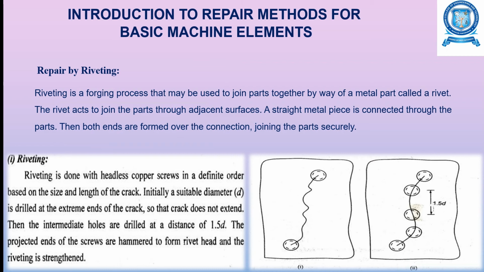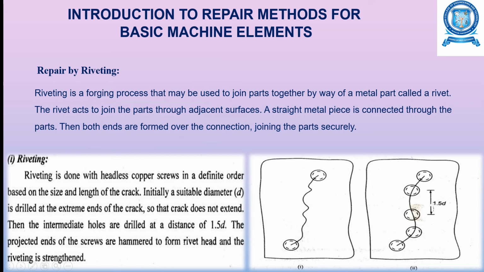Then both ends are formed over the connection, joining the part securely. And riveting is normally done with headless copper screws in a definite order, based on the size and length of the crack. Depending upon the crack size and length, a suitable diameter, say D, is drilled.